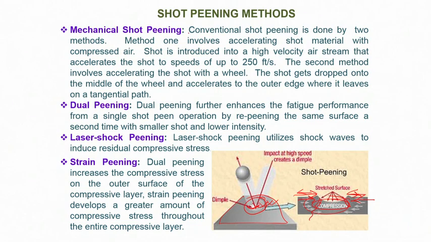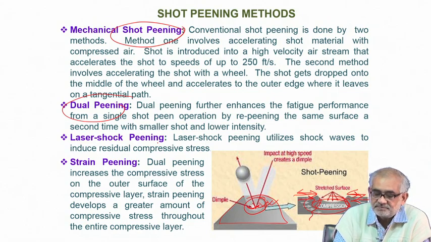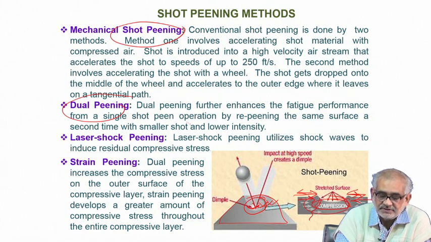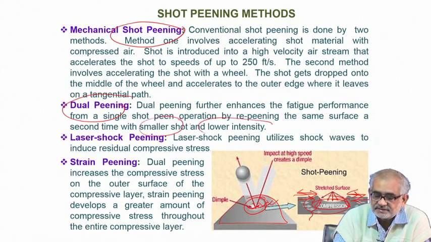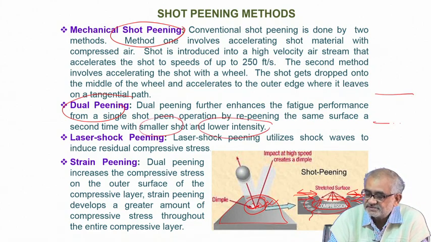So you can do mechanical shot peening, you can do dual peening, where you have peening initially with a particular size followed by another size, maybe a smaller shot with lower intensity. If this is the depth of the deformed zone, then the state of stress that you create can vary. Everything is negative, but the amplitude will be lower or higher along the depth.